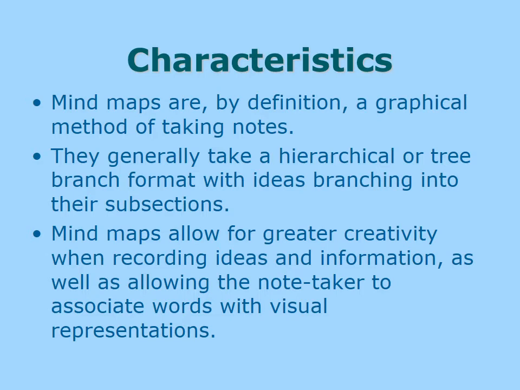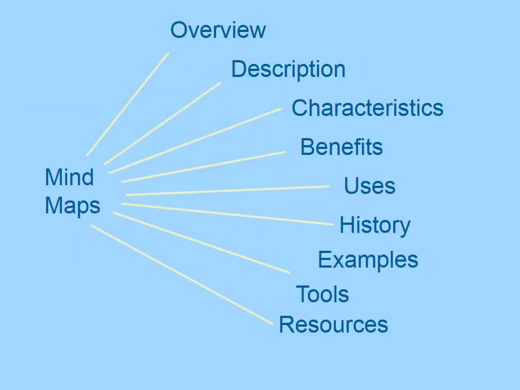Mind maps allow for greater creativity when recording ideas and information, as well as allowing the note taker to associate words with visual representations. You'll understand better if you see one example. Before drafting a mind map, come out with an idea or a concept, the area or problem statement on which you would like to draft a mind map.